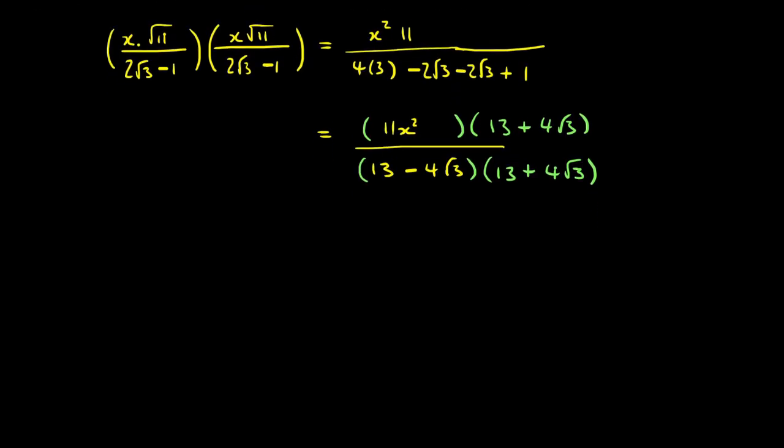So on the top, what we're going to get is 11x squared bracket 13 plus 4 root 3. And then on the denominator, what we're going to have is 13 times 13. So that's 13 squared. Just double check my arithmetic just to make sure.